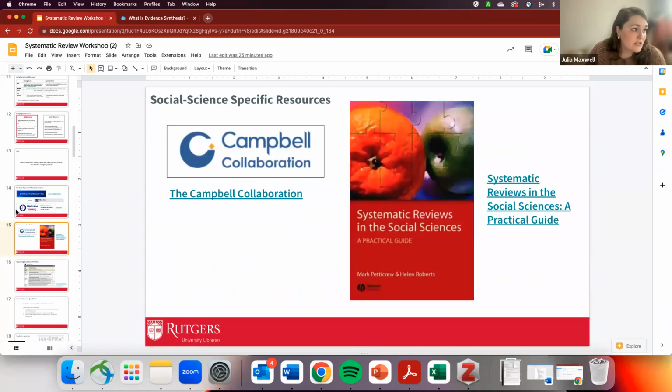In terms of social science specific resources, the biggest collective that resembles Cochrane or JBI, and I think actually Cochrane is a main stakeholder, is the Campbell Collaboration. I just took a 4-day, all-day training on systematic reviews, taught by some librarians who work with the Campbell Collaboration frequently.